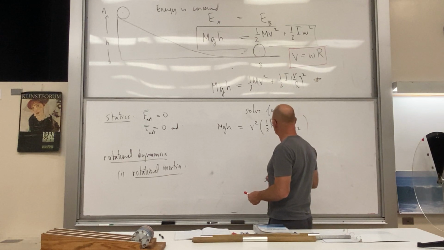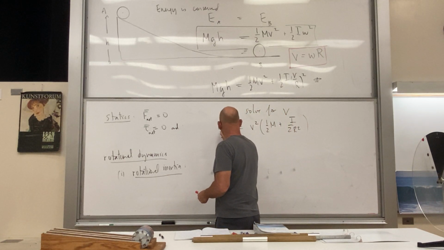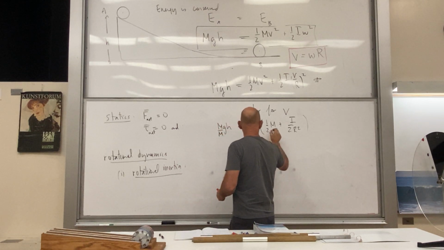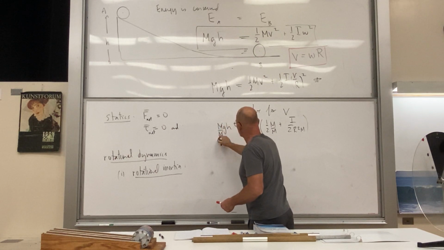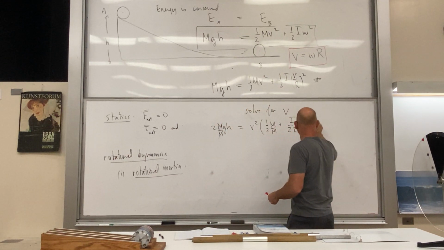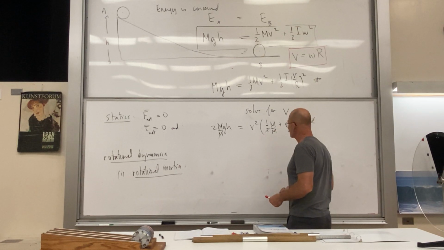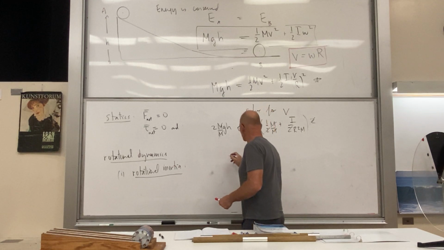I'm going to do two things. I'm going to divide by m, and multiply by 2, which is going to cancel those, and the m's are gone. I get a really nice expression.